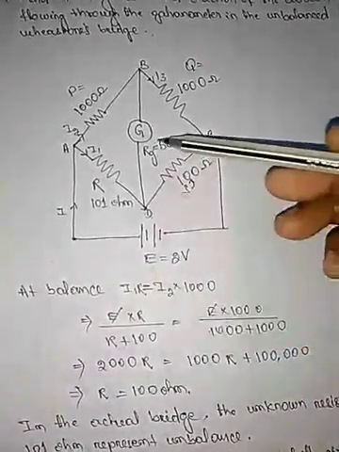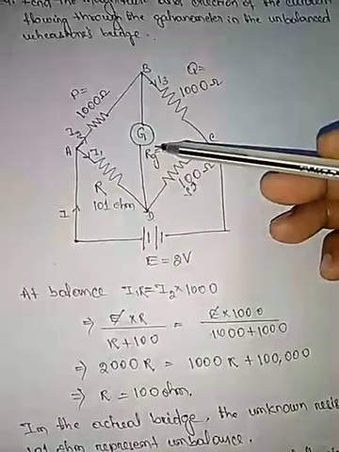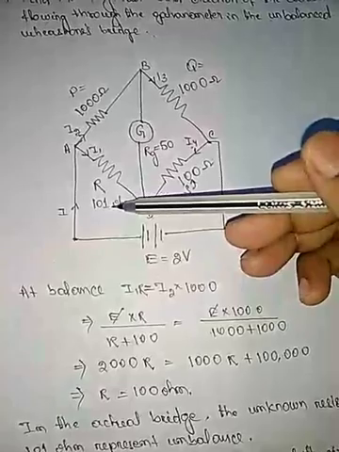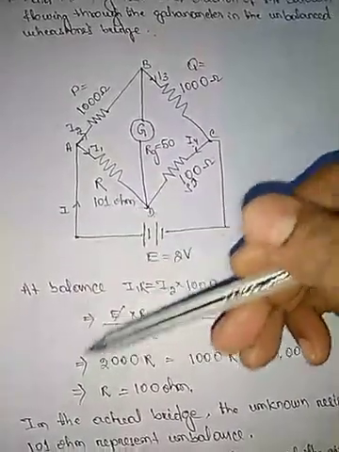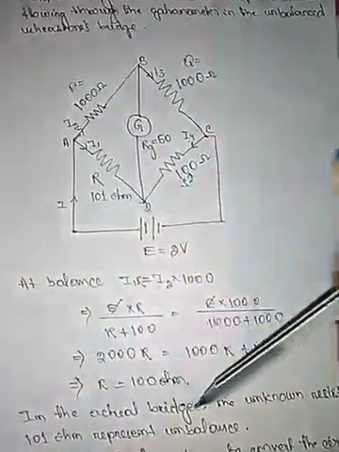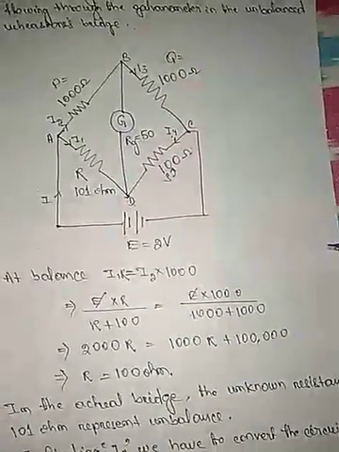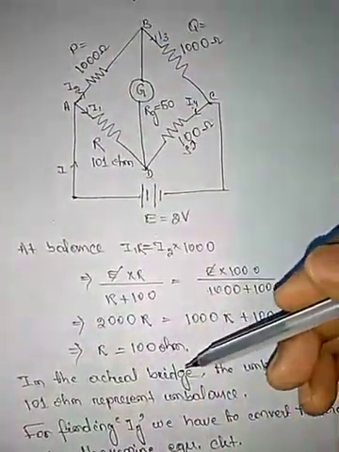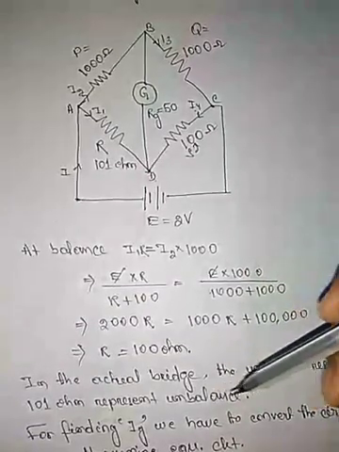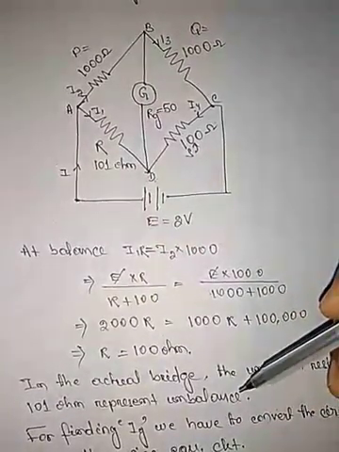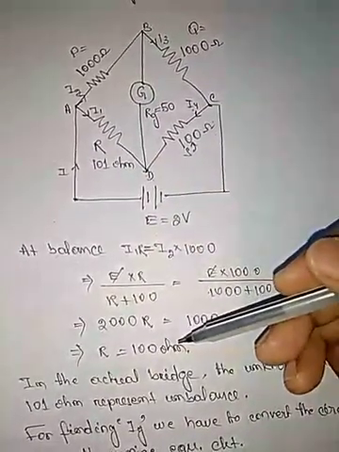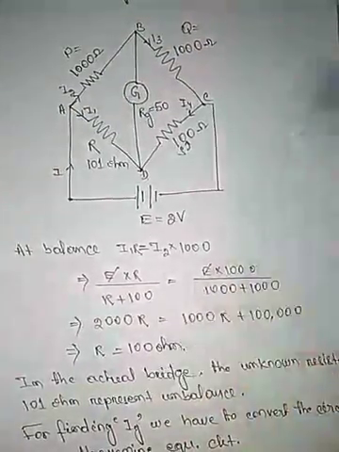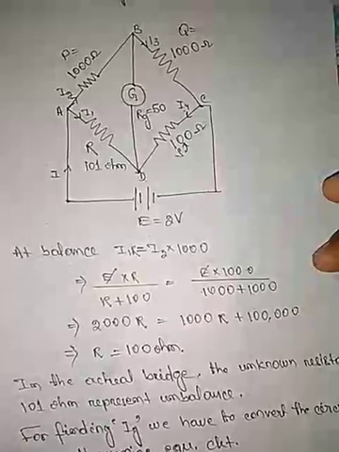But in my question, the Wheatstone bridge has it written as 101. So I write the comment: in the actual bridge, the unknown resistance is 101 ohm, representing an unbalance. The system is balanced for 100, but for the extra 1 ohm, it is unbalanced.